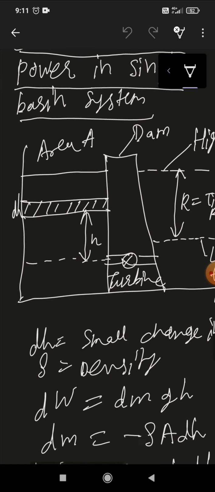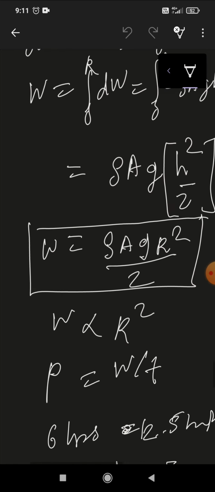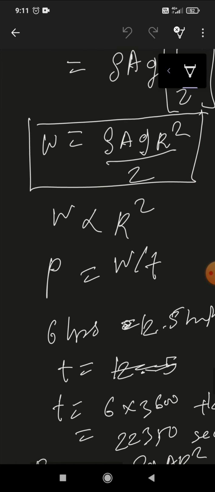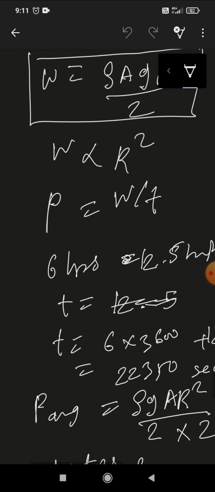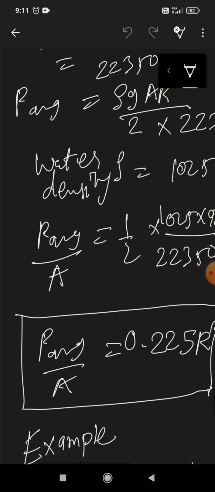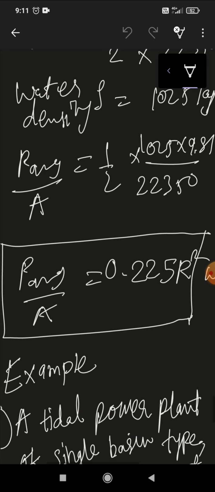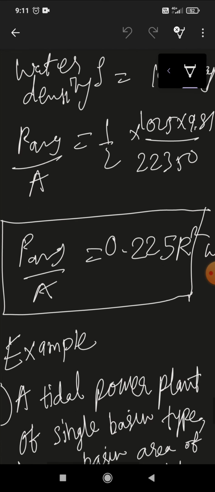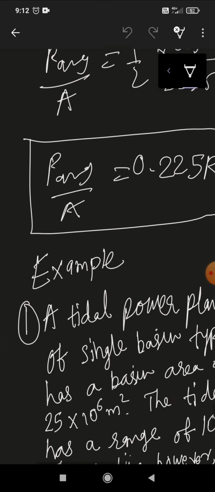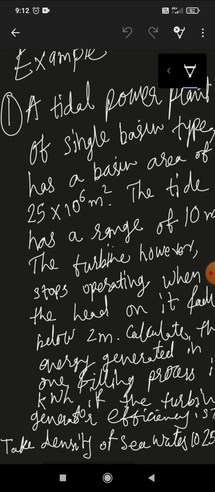In this single basin system, we got the formula that power P average upon area A is equal to 0.225 R square watts. Based on this equation, we will solve one example which was asked in GTU.